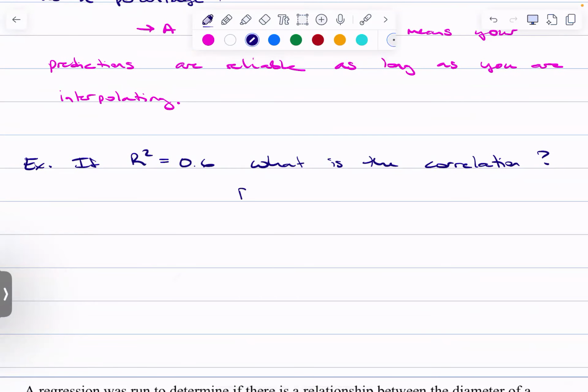If R squared is equal to the correlation squared, depending on the textbook, sometimes they use a little r just to be consistent and to show that it is the correlation squared, right?